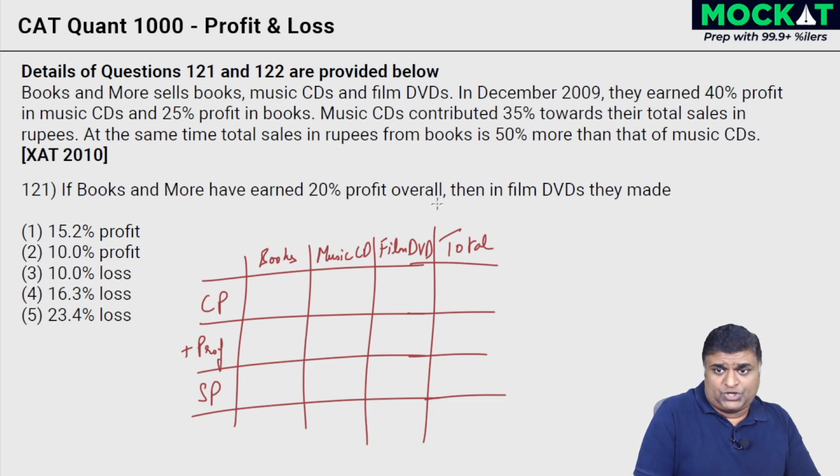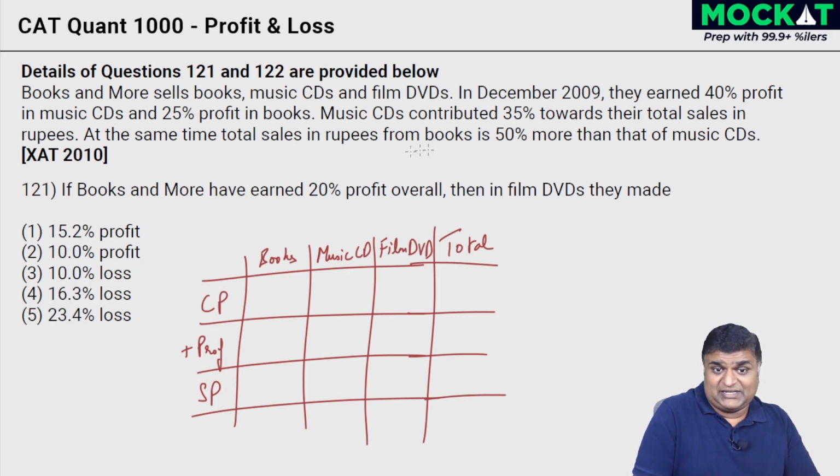So what do we know and where do we start? We know the profit is 40% on music CDs and 25% on books. Film DVDs, no comment yet. Music CDs contributed 35% towards their total sales, so of the total selling price, 35% was music CDs.